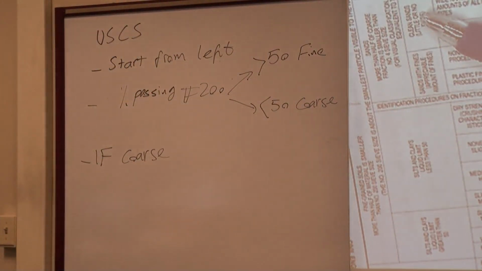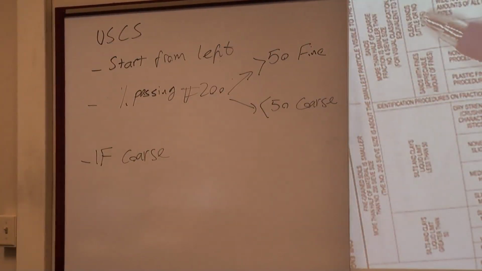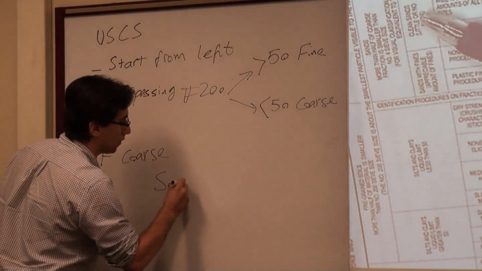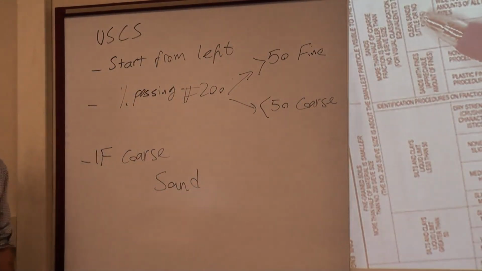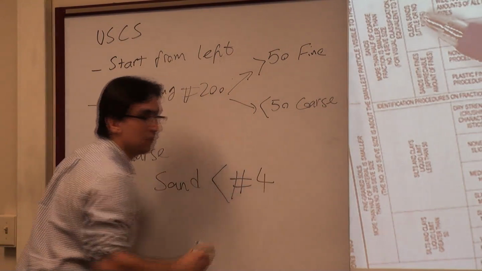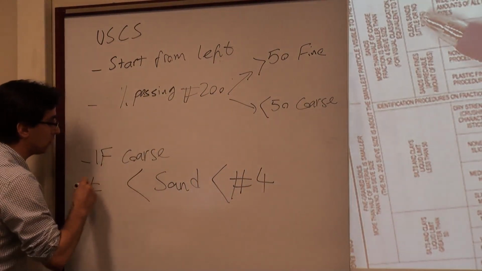In the USCS classification system, the upper boundary, or the largest particle size for sand, is anything passing sieve number 4. So if it's coarse, you have to find out the sand fraction. Sand fraction is anything passing sieve number 4 and retained on sieve number 200.